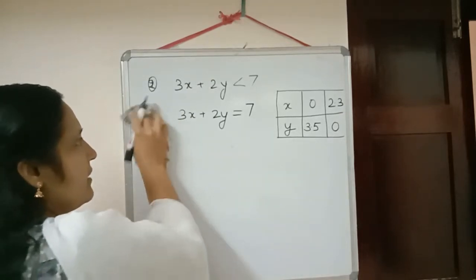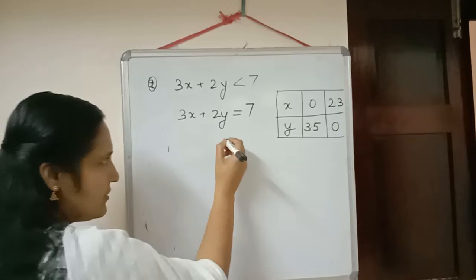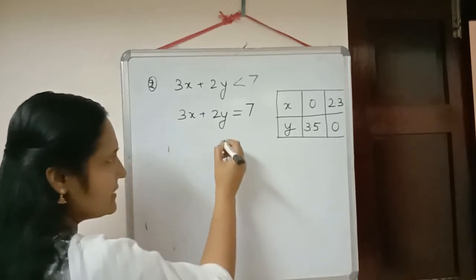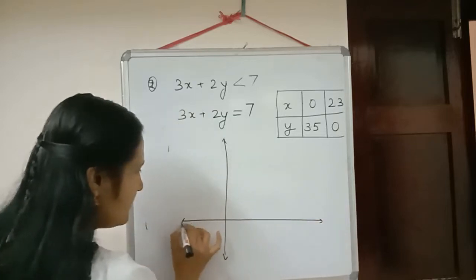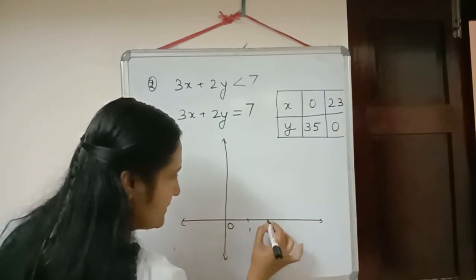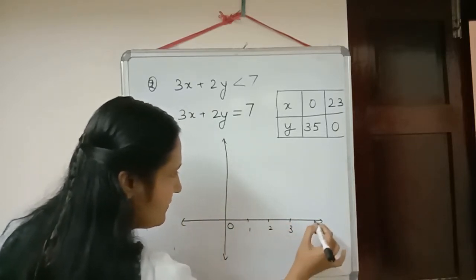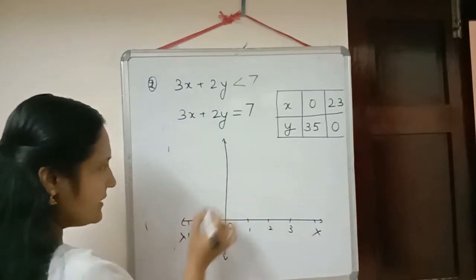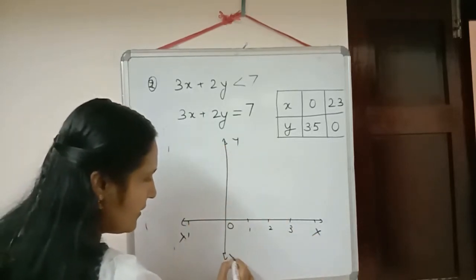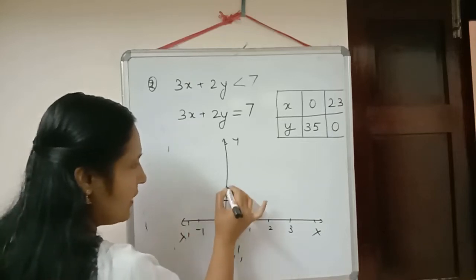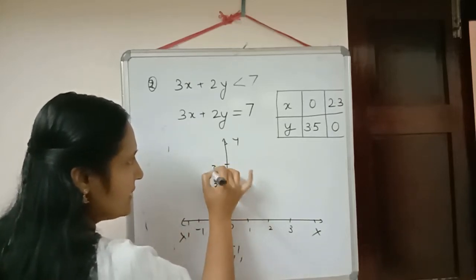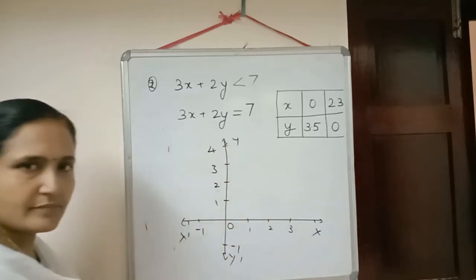Now just draw the graph. And you can check here, it is a strict inequality, so we have to use dotted lines. Mark the x-axis, x dash, y dash here, minus 1, 1, 2, 3, 4.